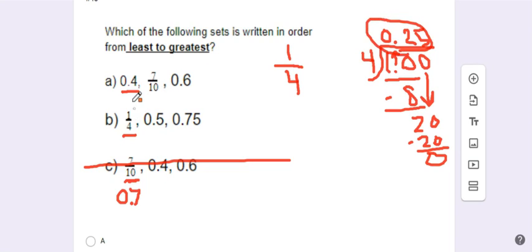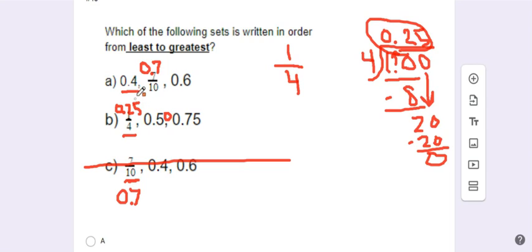If this is 0.25, let's look at the B list. It goes 0.25, 0.5, or 0.50, right? And then 0.75. It looks to me like that list is in order from least to greatest. Now, this list A, okay, we have 0.4, and then we said 7/10 is 0.7 because the 7 is in the tenths place.